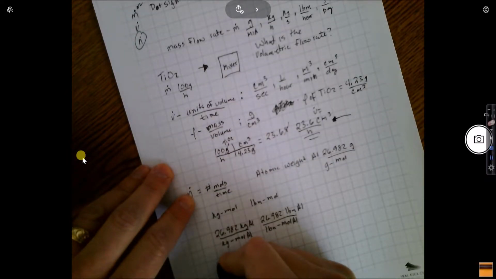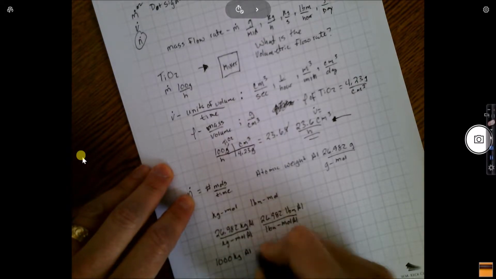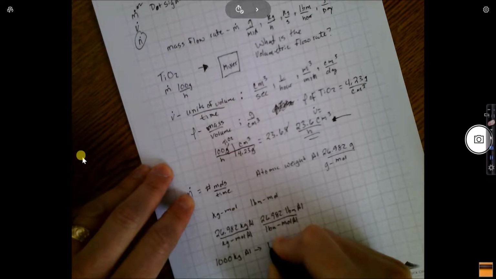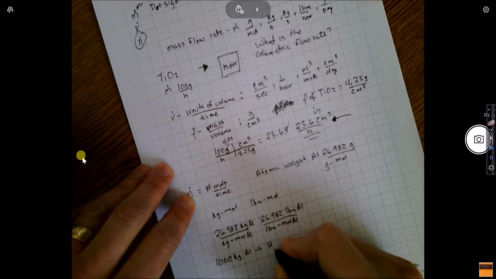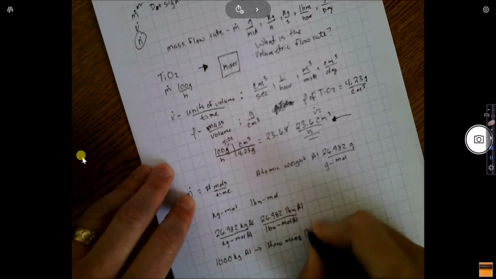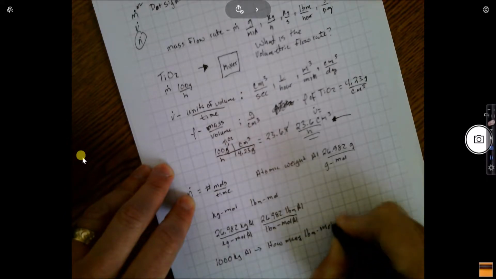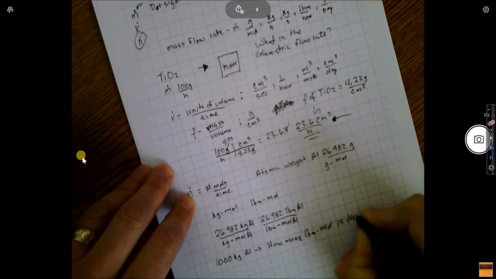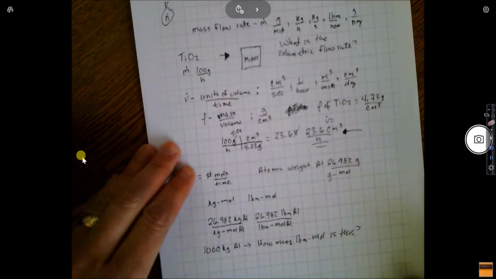Let's say we have 1,000 kilograms of aluminum, and we want to know how many pound mass moles this is.